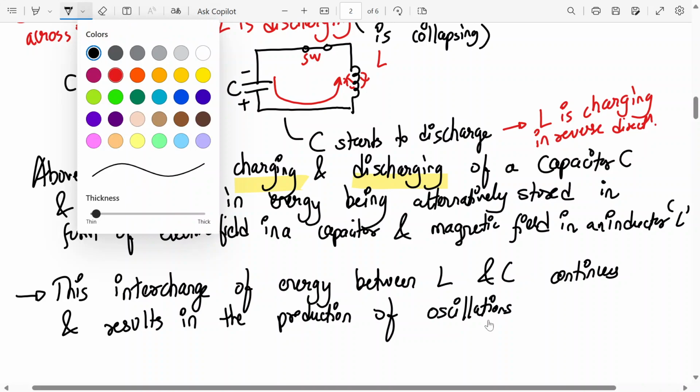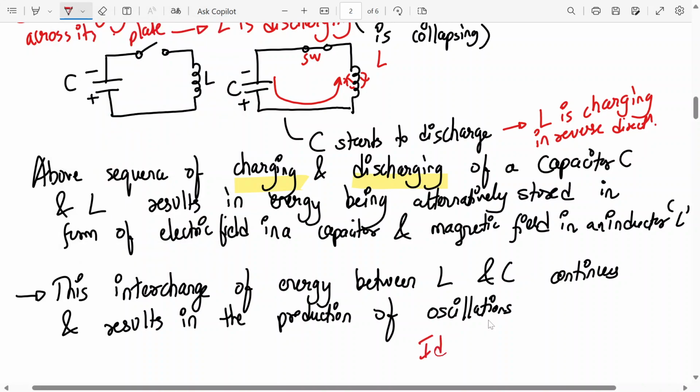Ideally you should get oscillations which are like this. So ideally you should get oscillations which are sustained.